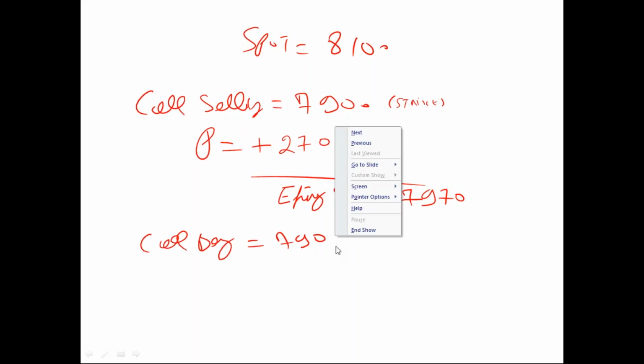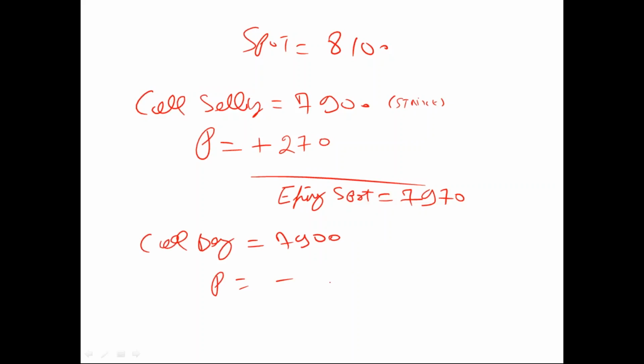In buying call at 7900, you have to pay the premium. How much premium are you going to pay? The intrinsic value plus time value. So what is the intrinsic value? Spot minus strike. Spot is 7970 and strike is 7900. So 70 is your intrinsic value. This is what you're going to pay. So you pay 70 and you receive 270. The difference 200 is your profit. As simple as that.